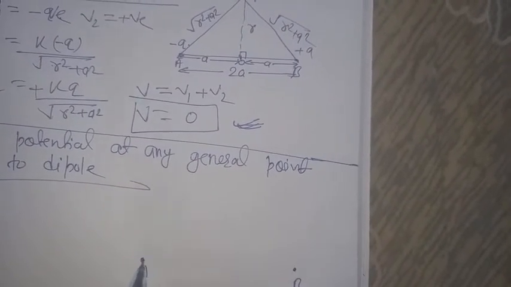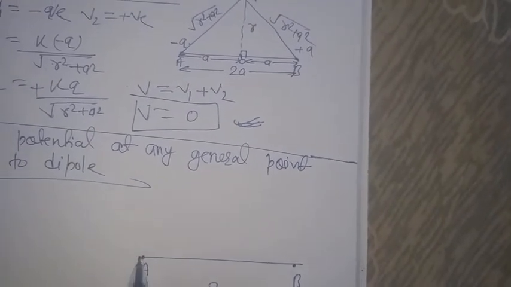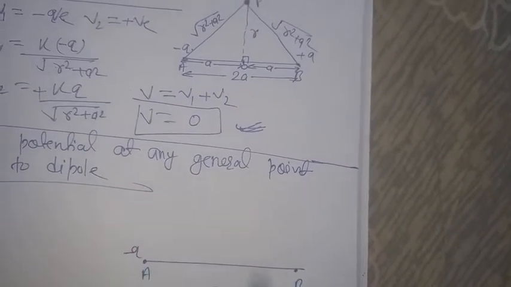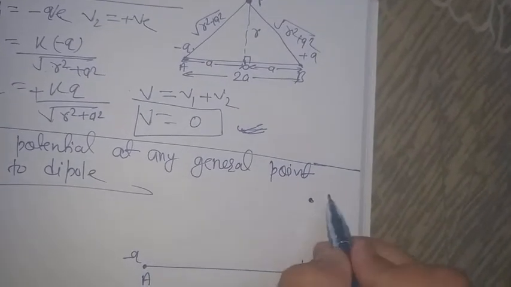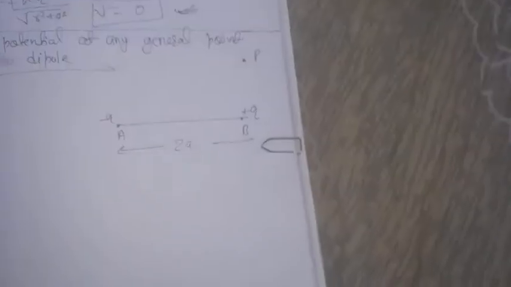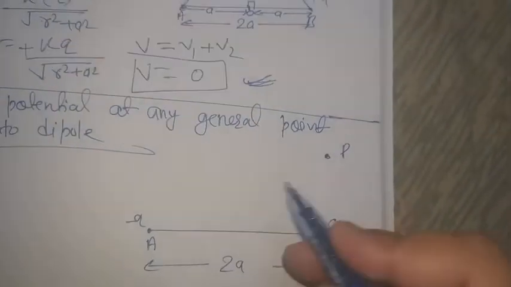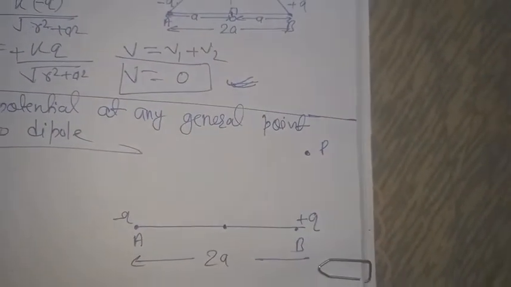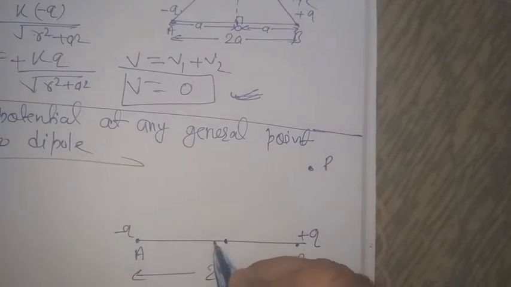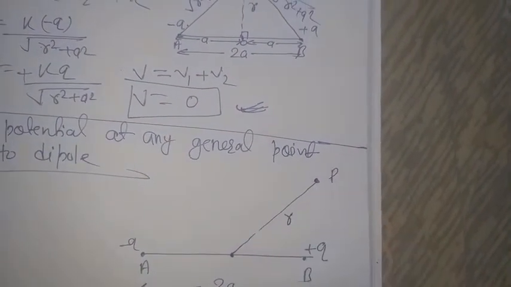Suppose there is a dipole AB, whose length is obviously 2a, and this is the negative charge, this is the positive charge. And any point P where we want to find electric potential. Suppose from the middle of the dipole, this distance is r.